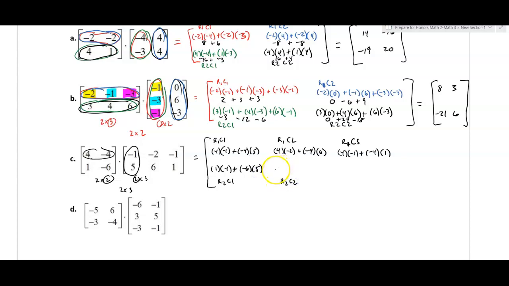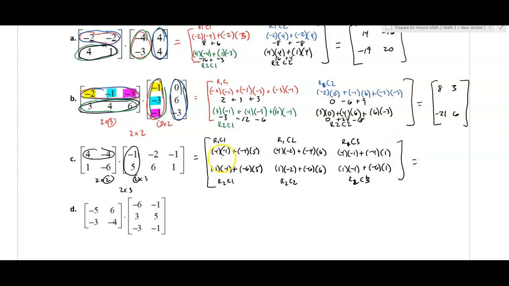Then it's row 2, column 2. So 1 times negative 2 plus negative 6 times 6. Now it's row 2, column 3, and that would give you 1 times negative 1 plus negative 6 times 1.